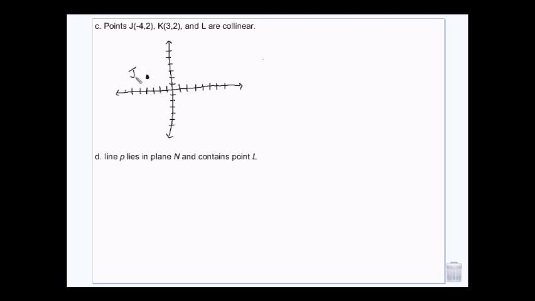I'm going to call that J. And K is at 3, 2. 1, 2, 3, 1, 2. Call that K. I'm going to move my J, actually. Make it a little closer. Okay, so points J, K, and L are collinear. I don't know anything about L. What I do know is that I need to make a line through J and K.